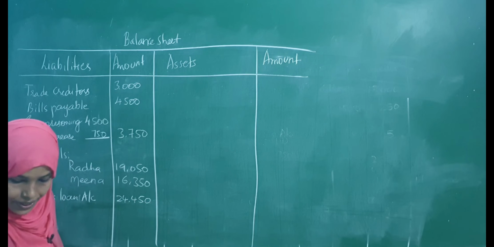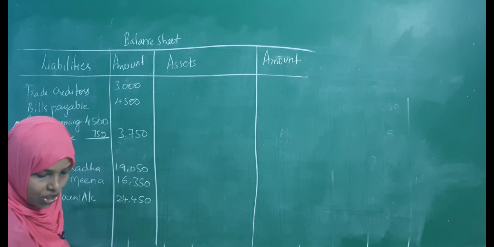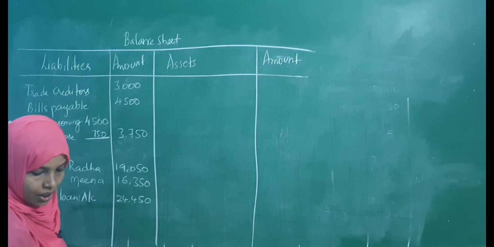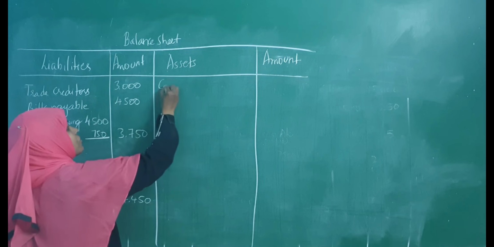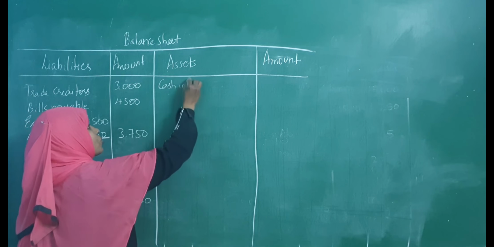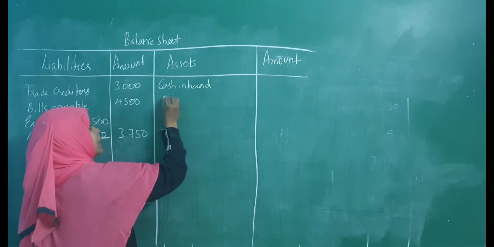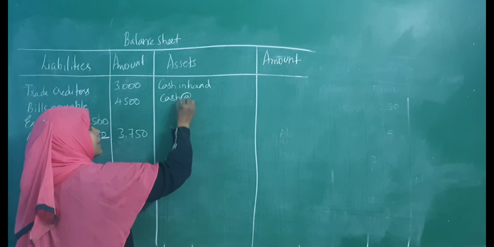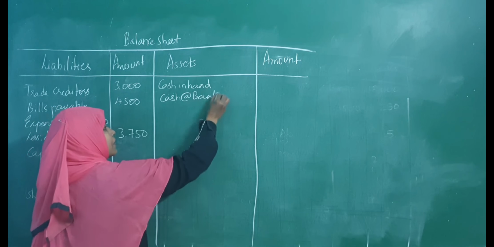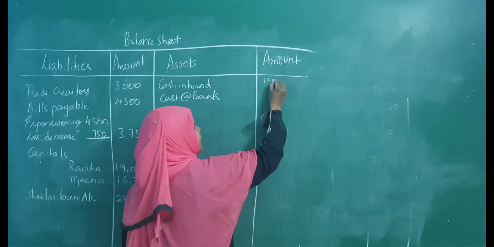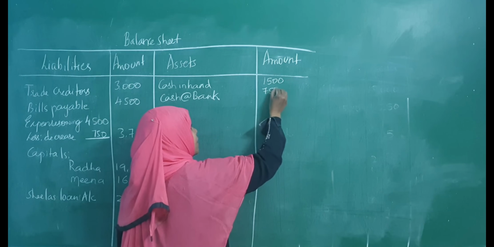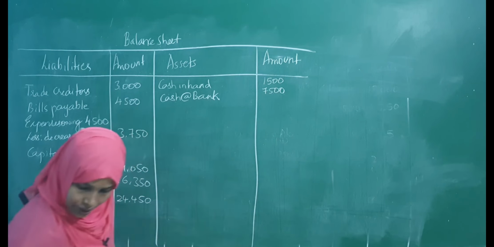Next we will go for assets. What are the assets? Cash in hand, cash at bank, debitors, stock, furniture, factory premises, machinery and loose tools we have. Take down as it is. Cash in hand. Then cash at bank. Okay, cash in hand 1500, cash at bank 7500.